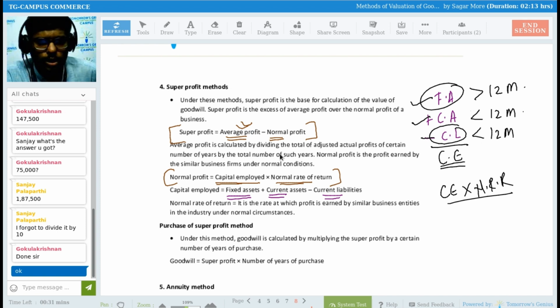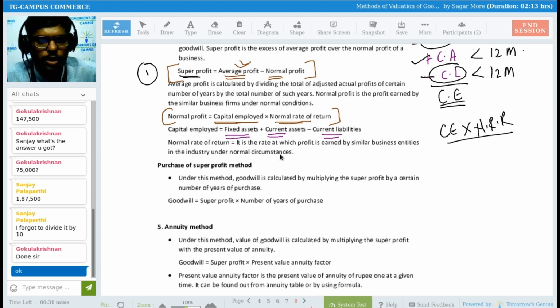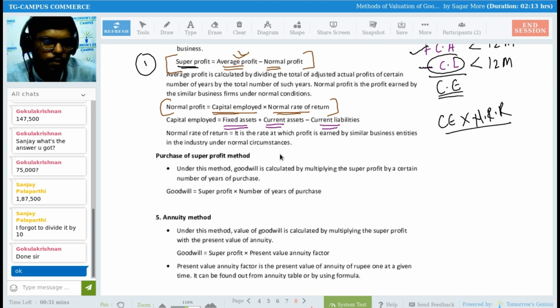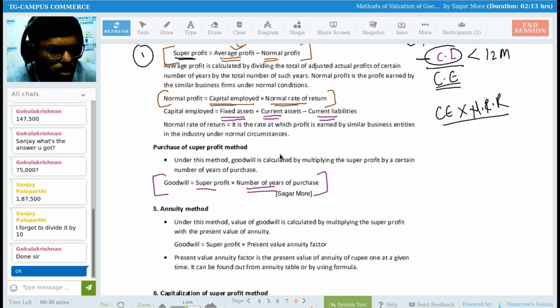So that is nothing but the calculation of super profit. First of all, we have to calculate super profit. Once you calculate super profit, now you can calculate goodwill by the method called purchase of super profit method. So what is purchase of super profit? See the formula. Goodwill is equal to super profit multiplied by number of years of purchase. Simple. We did that in the average profit method also, no?